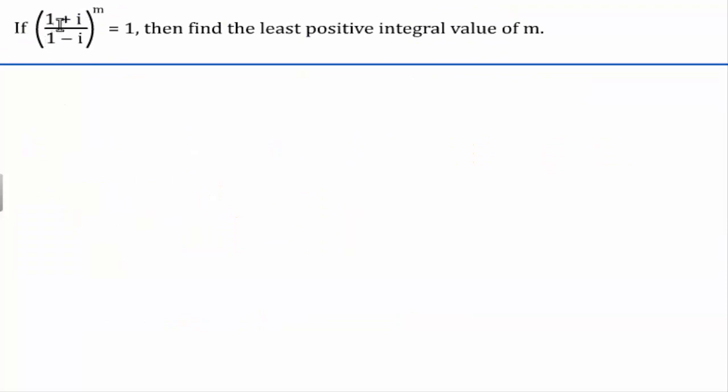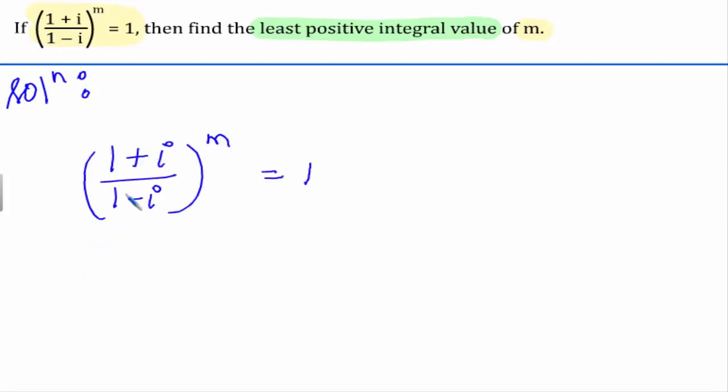In this problem, we are given a complex equation. We need to find the least positive integral value of the variable m. Let us begin with the solution. We are given (1 plus i divided by 1 minus i) whole raised to the power m is equal to 1.